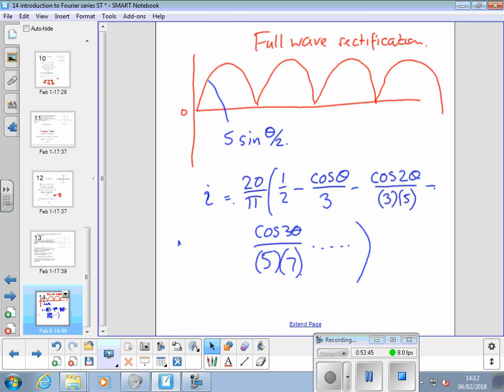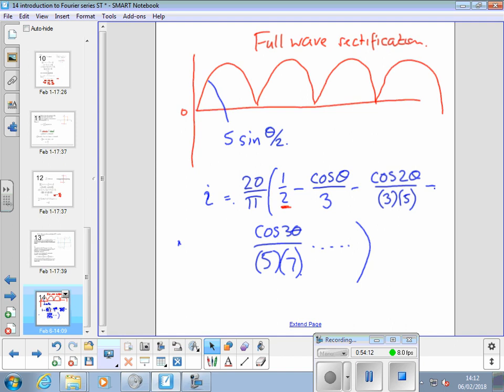Yes, you've got, what's this half here? What's that representing? The DC component, yeah. All of this is above the line, therefore there must be a DC component.